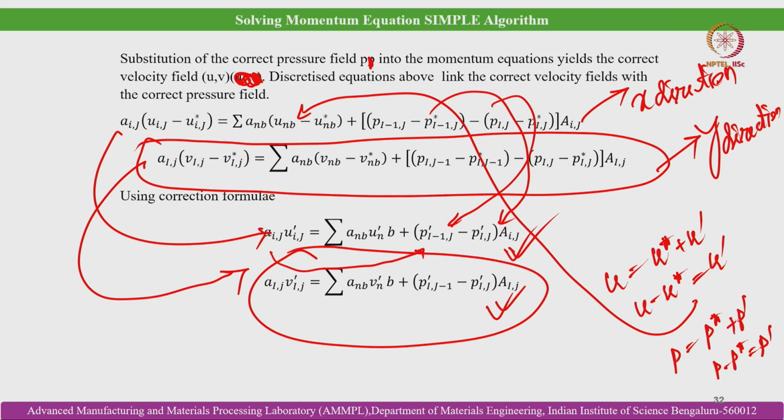So this got cancelled. Then we are basically getting a small i capital J divided by small a small i capital J. This ratio of these two coefficients is now denoted as a new coefficient, that is d small i capital J.